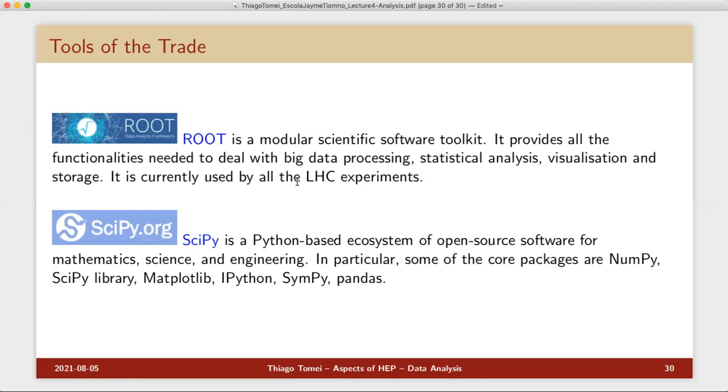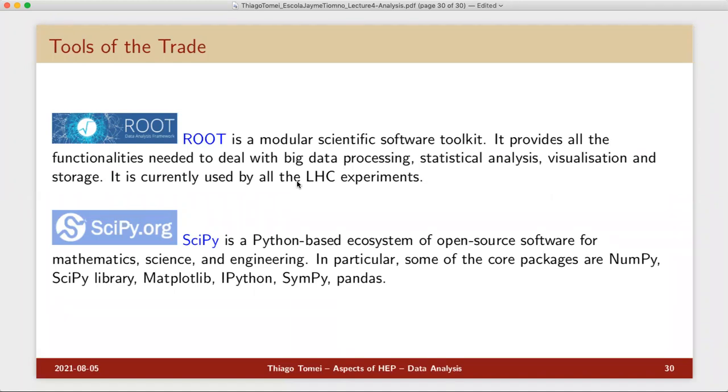In other fields, of course, there are different tools. SciPy in particular is an agnostic ecosystem of packages that's not particular to high energy physics, and it's used everywhere: mathematics, science, engineering.